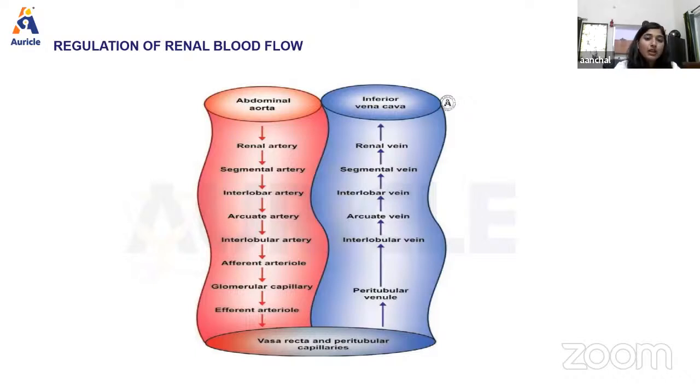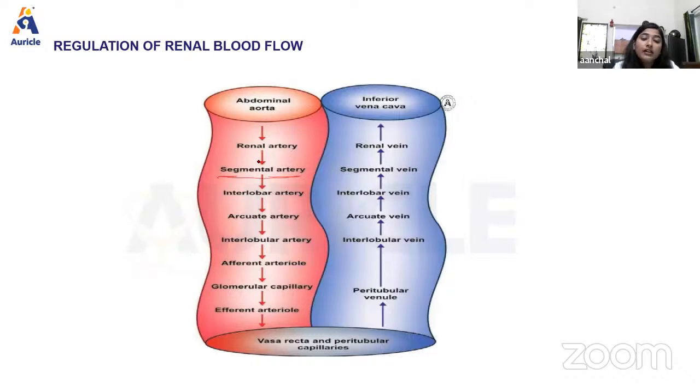Basically, as we have discussed, the renal artery is the direct branch of the abdominal aorta. This renal artery arises directly from the abdominal aorta and enters the kidney through a structure known as the hilus. While passing through the renal sinus, the renal artery divides into many segmental arteries, right?